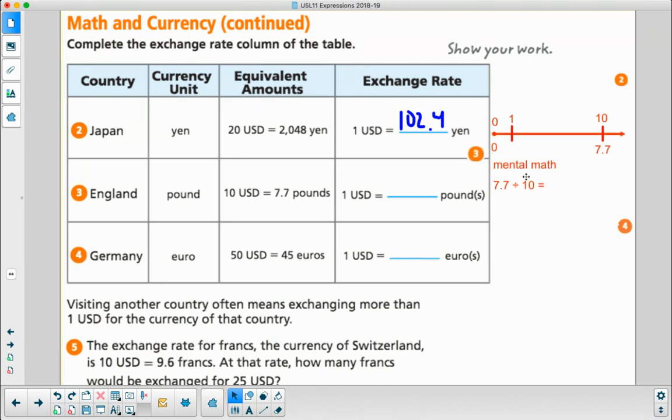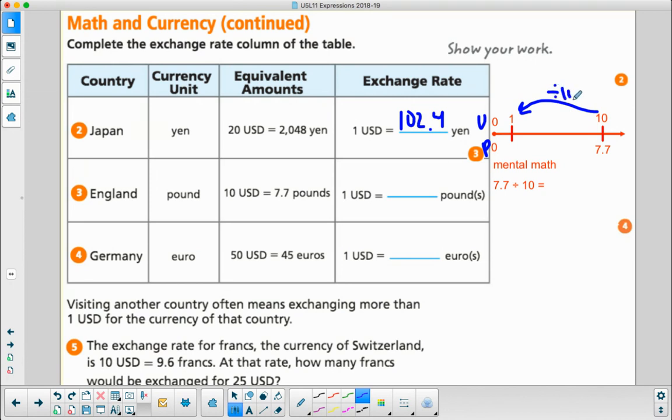Number 3 to me was mental math. And here's why it ended up being mental math. All right. They told me 10 US dollars is equal to 7 7/10 pounds. Well, going from 10 to 1 is just dividing by 10.